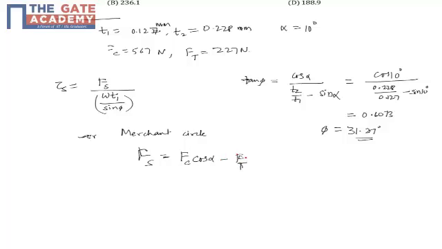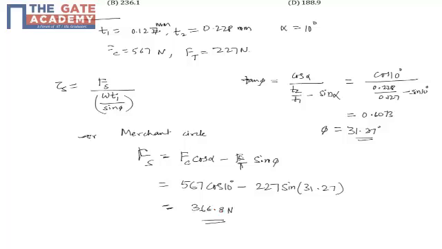You can just verify it. So the cutting force is 567 cos 10 minus the thrust force, 227, times sine of the shear angle we just computed, 31.27. If you simplify, this value comes out to be 366.8 Newtons.